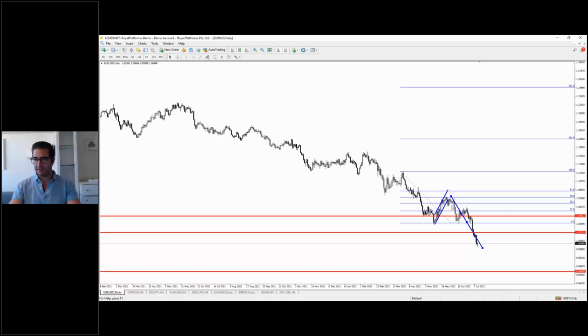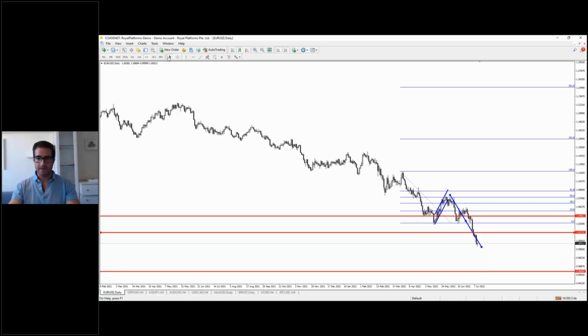You can see this bearish flag was breached to the downside, and the market managed to break the 1.02 mark here. This is, by the way, a low posted on, let me see what year.